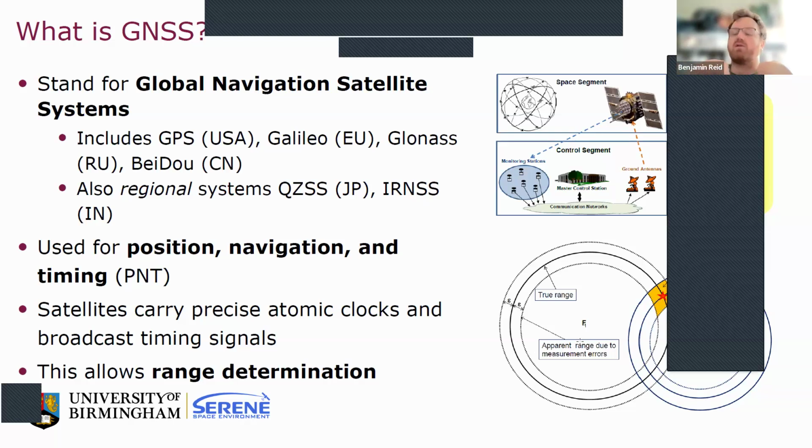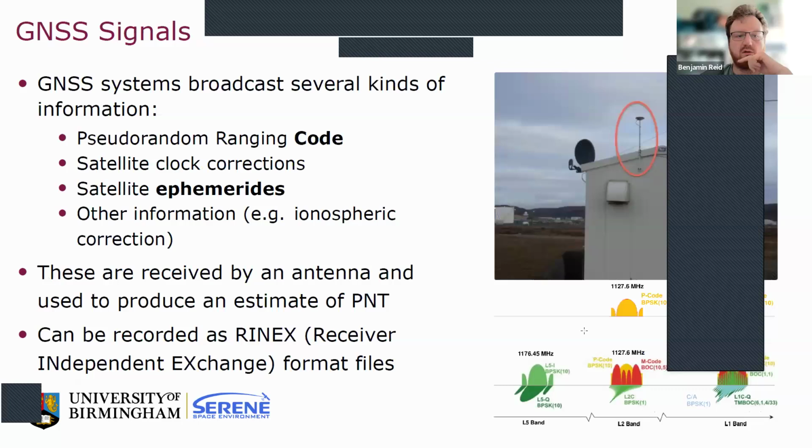If you know what time it is, and the satellite tells you it is currently whatever time, then that signal takes a certain amount of time to get to you. And if you have multiple satellites, you figure out how far away from you all of those satellites are. And if you know where the satellites are, then you know where you are. And that's, in a nutshell, how GNSS works.